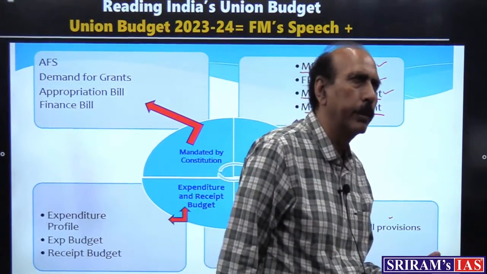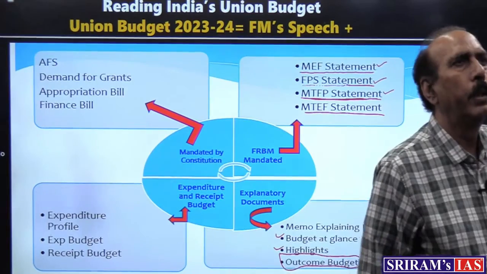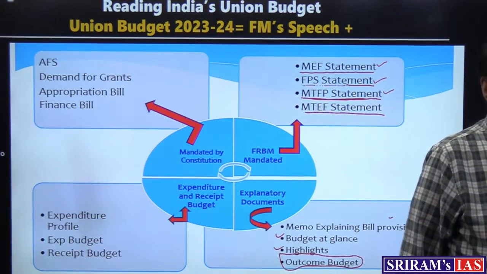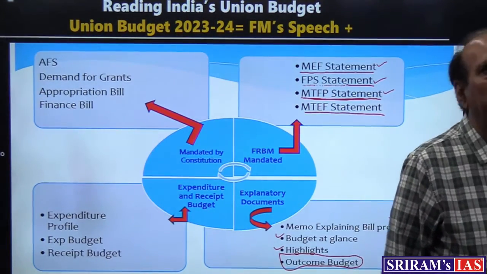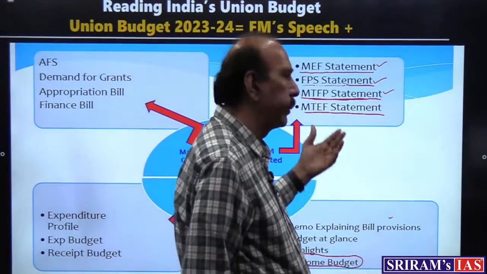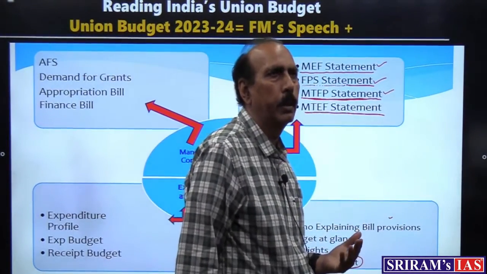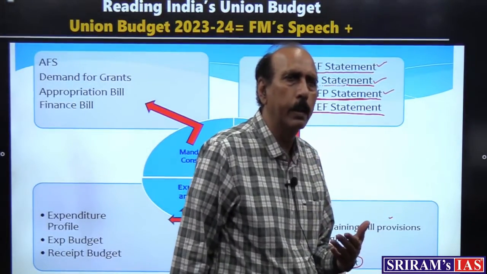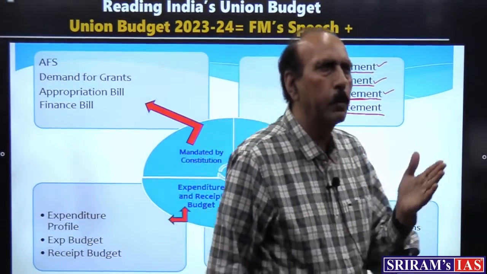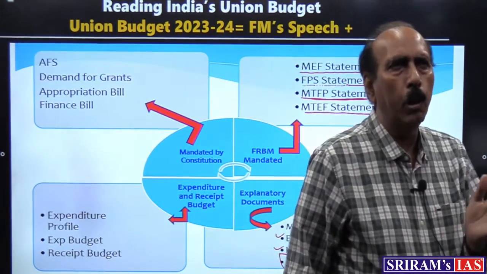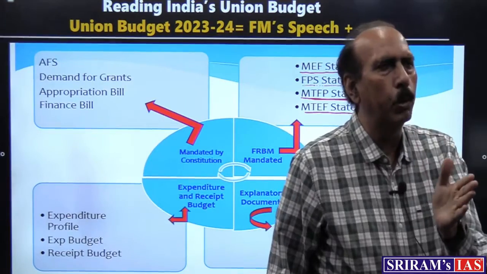The outcome budget is essentially a summary of the government programs and schemes involving a budget of 500 crores and above, and these schemes are presented ministry-wise in this document. Suppose MGNREGA is there, then we will write that under MGNREGA we have allocated say 60,000 crores, and this is the outlay.